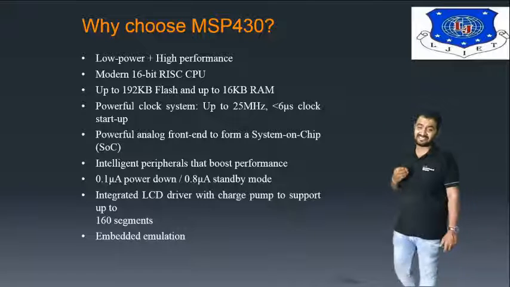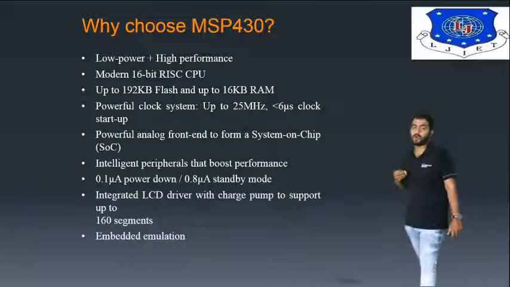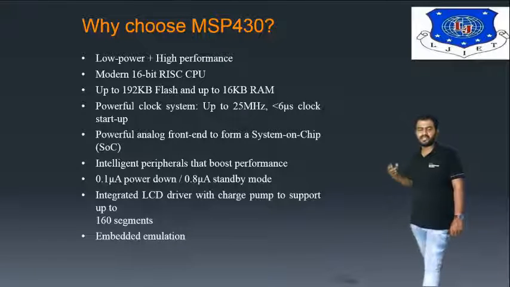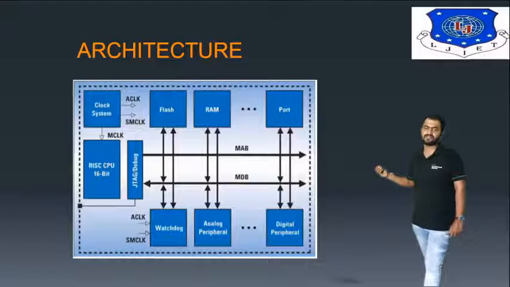This one is the highest advantage, or we can say the biggest advantage, of MSP430. Also integrated LCD drivers with charge pump support up to 160 segments, and embedded calculations.